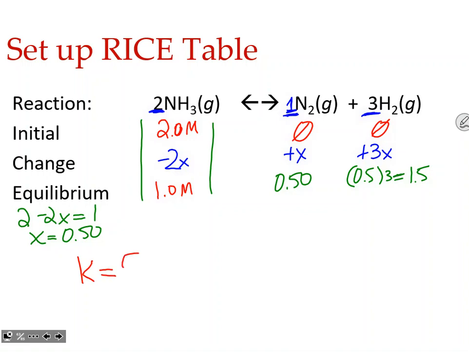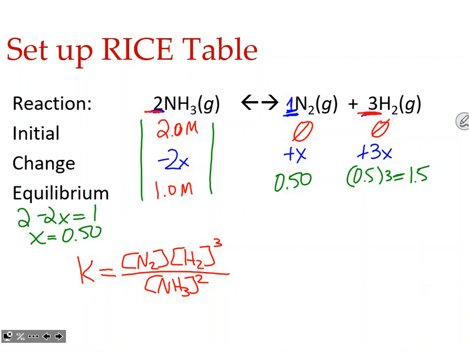K equals concentration of nitrogen times the concentration of the hydrogen raised to the 3rd power due to this 3 there, over the concentration of the ammonia raised to the 2nd power because of the 2 there. Write out your expression. Take a moment to do that. And then last step is to just plug and chug. Put the numbers in, crank out the answer.